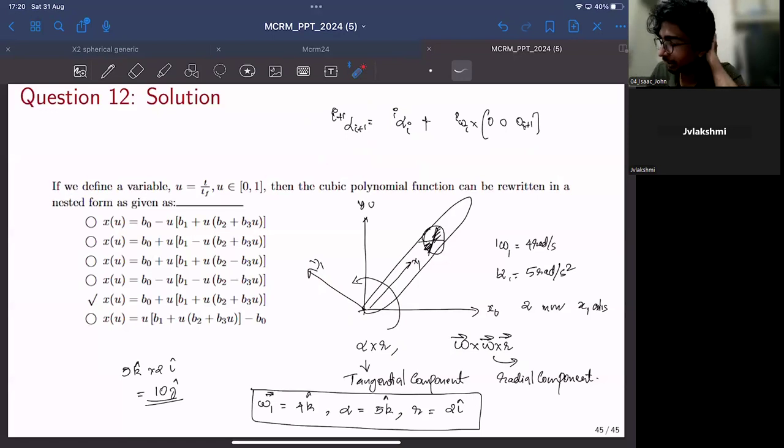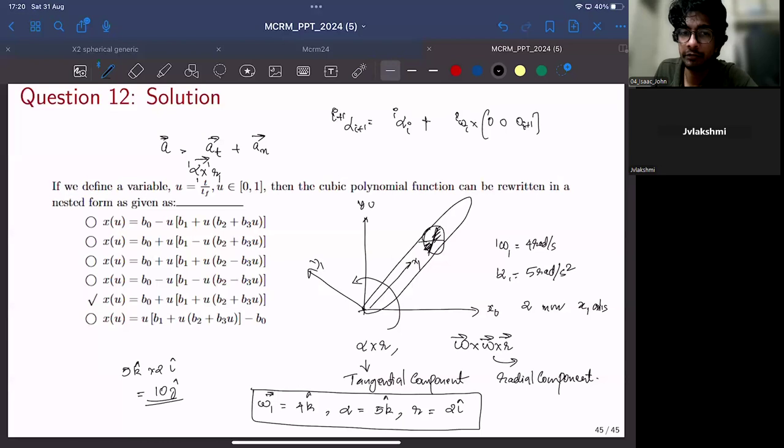If 1 omega 1 and 1 alpha 1 are given, the linear acceleration will have two components: the tangential acceleration and the normal acceleration. The tangential acceleration is 1 alpha 1 cross the distance 1 r1, everything expressed with respect to frame of reference 1.